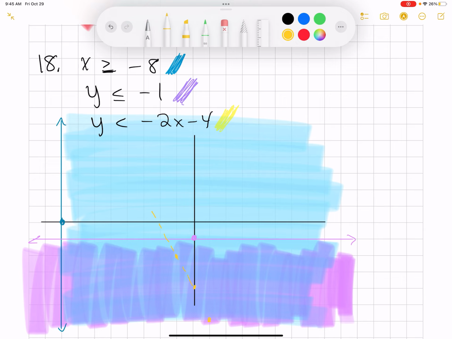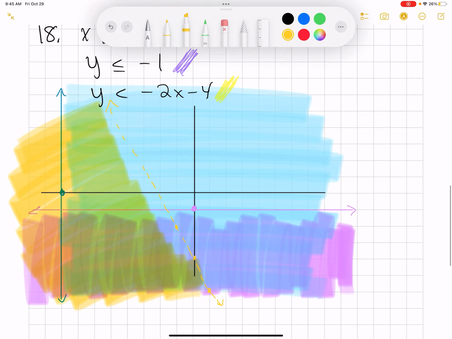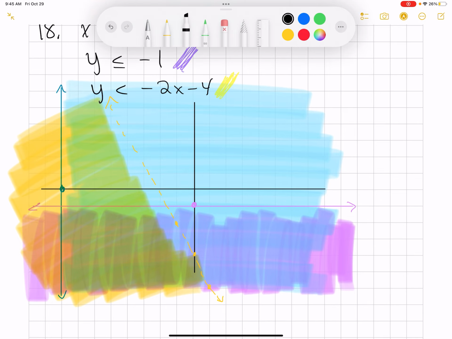I'm just gonna make really big dotted lines because I messed up. All right, and this one shades which direction? Down. Okay, so this one is hard to tell all the colors.